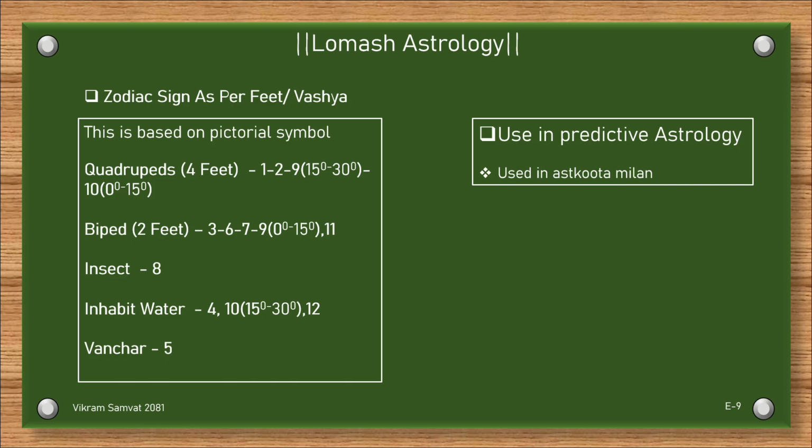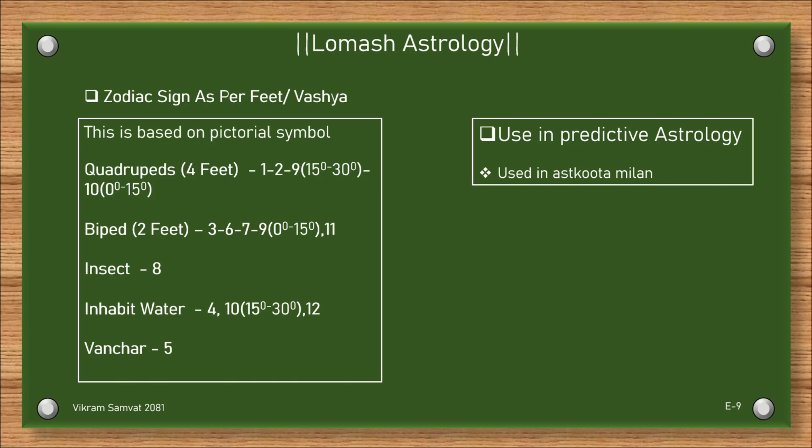Number 9 is Sagittarius. If you see the Sagittarius symbol, you will find that the first half is a human holding a bow and arrow, and the second half is a horse. First half means 0 to 15 degrees, and second half means 15 to 30 degrees.